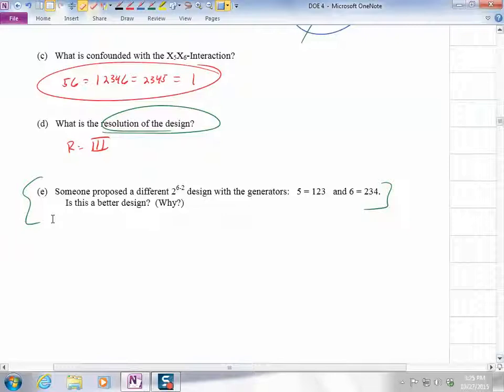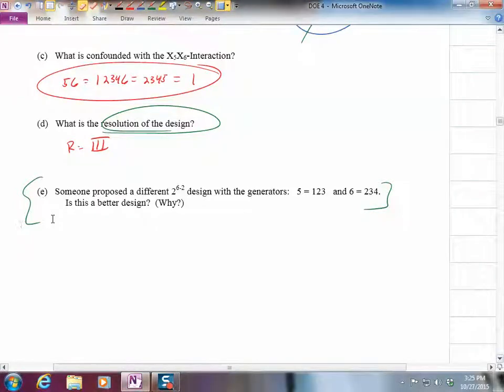Who thinks this is a better design? Most people. Why? Good, higher resolution. So, great.